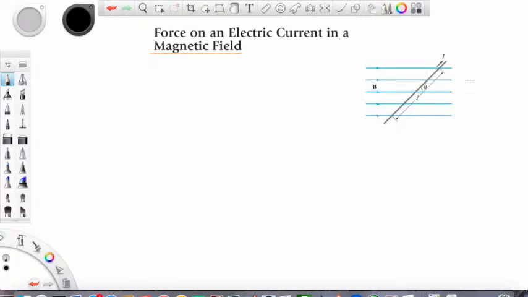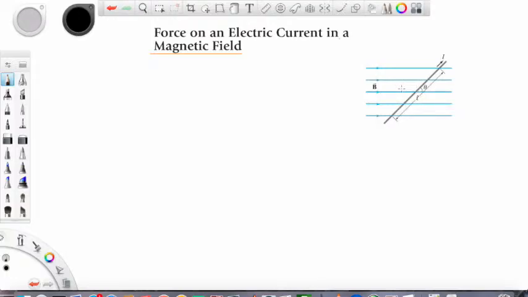So in this illustration we have a conductor that is placed in a magnetic field as shown here. Because these charges are moving in the conductor, they will be pulled in some direction, which means that pulls the conductor along with them as well.